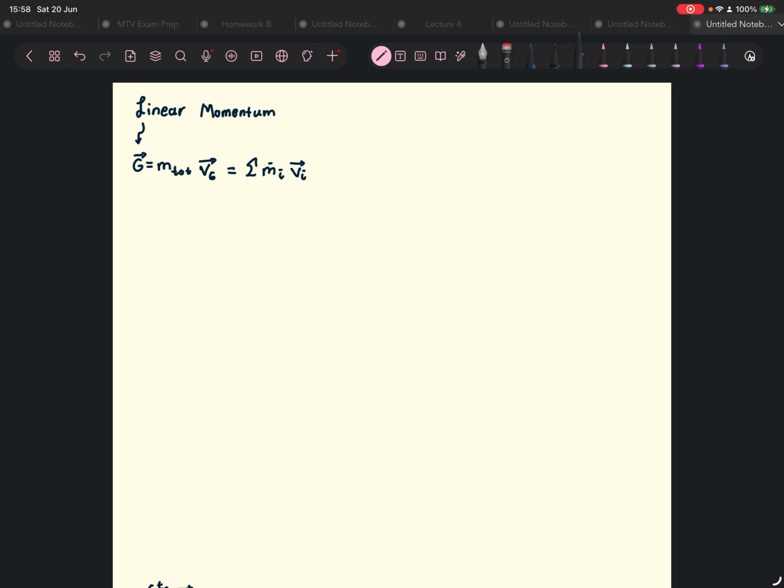And so the momentum of the whole system is given by this equation, where Vg represents the velocity of the whole system.